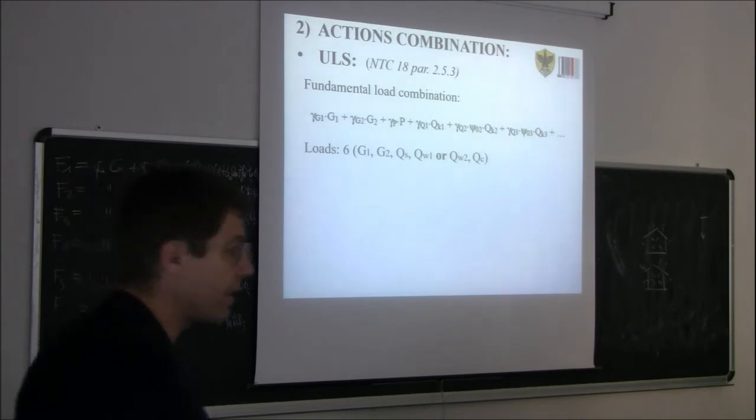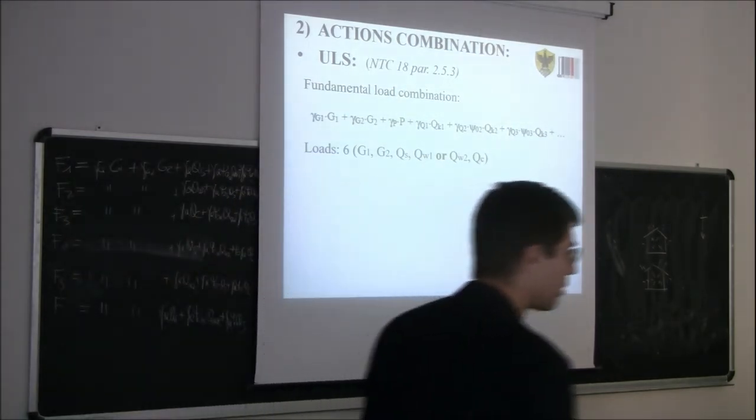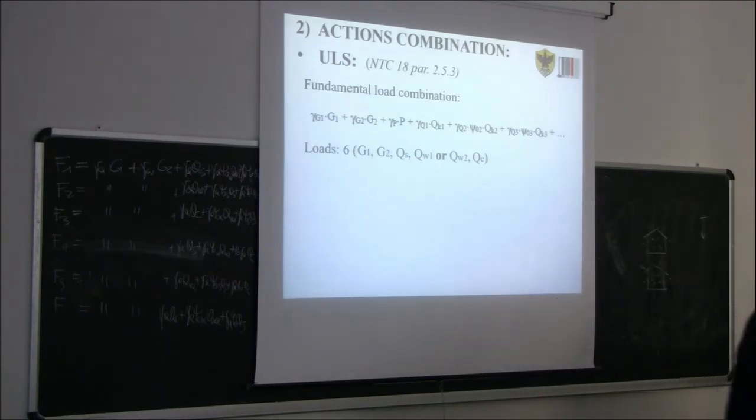Of these 6 load combinations, when we are designing the reinforced concrete, which one do we choose? Do we choose all of them, or what do we do now? First, of course, we need to replace the value of the gamma G, gamma Q, based on the Italian regulation, for example.